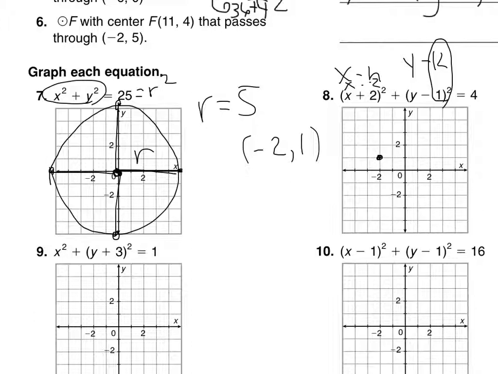So there's the center, and remember r squared is 4, so that must mean r is 2. So I can go 2 here, 2 here, 2 here, and 2 here, and then I can make a circle like this.